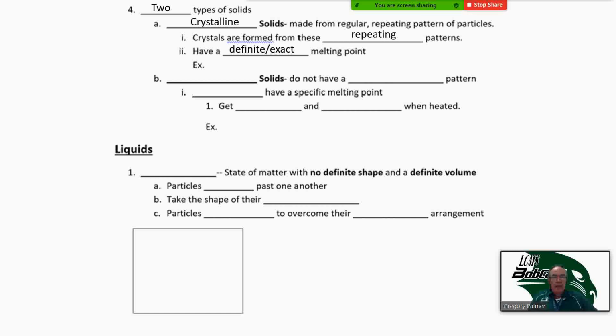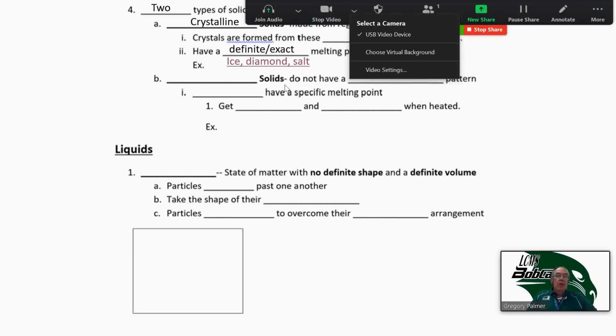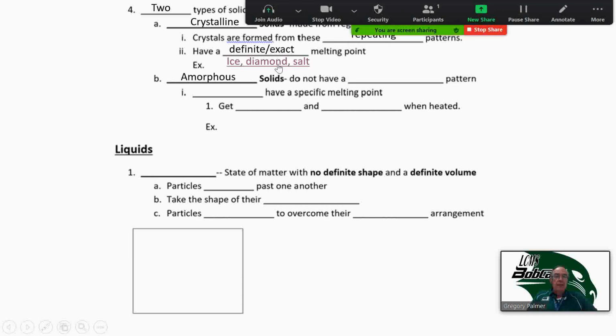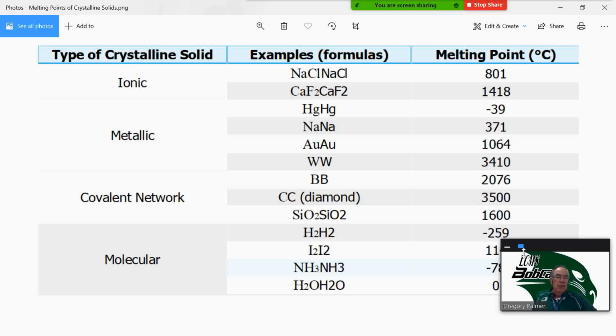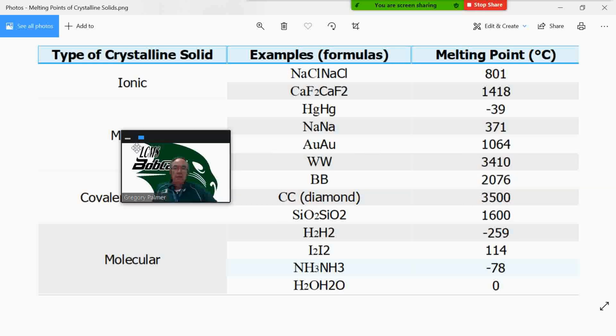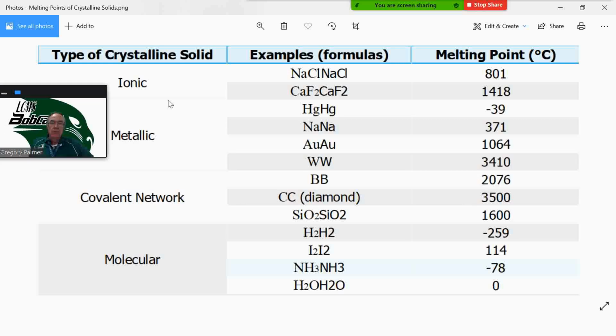And we're going to talk about what's different in some other solids. So examples of some crystalline solids are ice, diamond, and salt. And I included this little chart that shows the melting point of some of these crystalline solids. So here's NaCl. This is regular table salt.